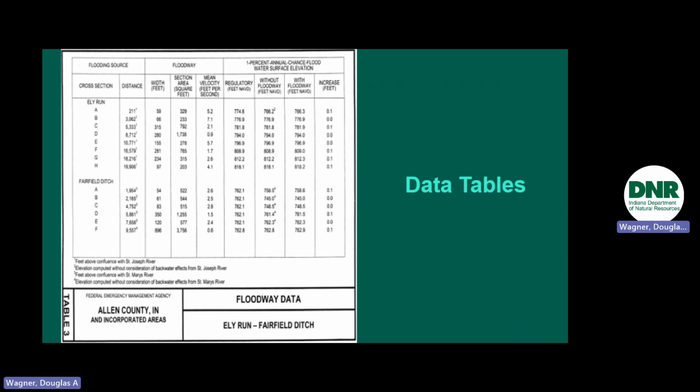The data tables provide specific information on each cross-section of each studied stream in the FIS, including the floodway width, mean velocity, and 1% annual chance flood elevation. Each cross-section also shows the location in feet or miles above the mouth or confluence with a larger stream.